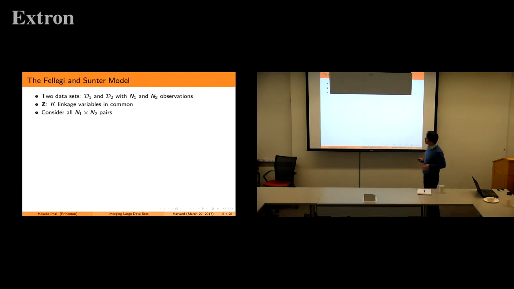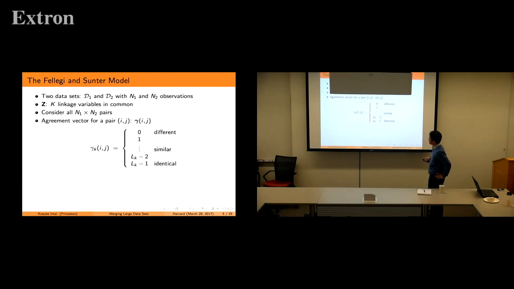We're going to consider all pairs, right? So it's a pairwise comparison. And obviously, at some point, you cannot do all pairwise comparisons. Once you have, say, 5 million observations, there's no way that you can do all comparisons. So you end up doing some type of blocking to restrict the comparisons. But for now, I'm going to present the model using this pairwise notation.